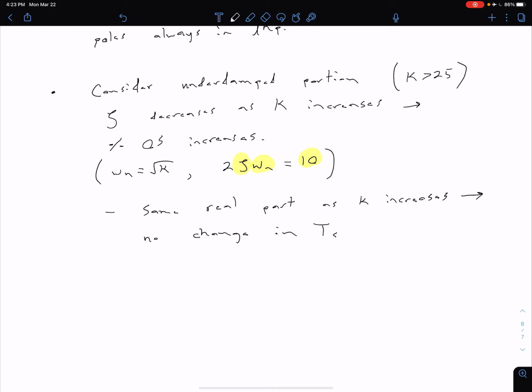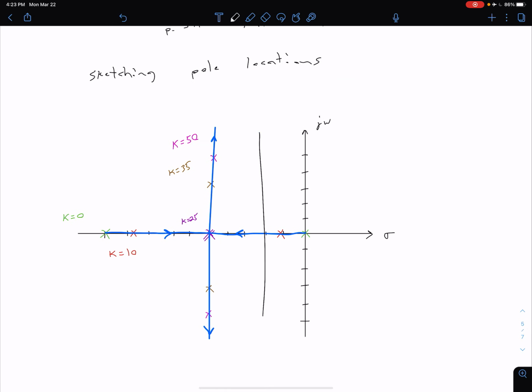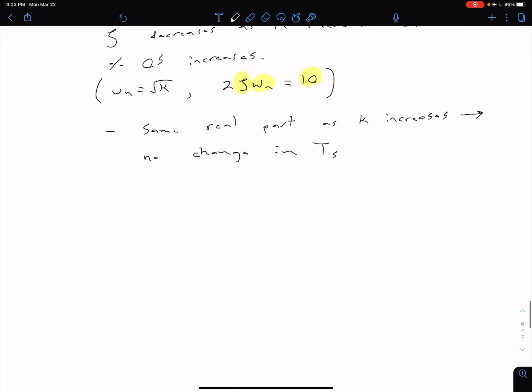So no change in our T sub s. And again, that goes back to the relationship we looked at. We said vertical lines in our s-plane have the same settling time. So because we're on a vertical line for k above 25, we know the settling time should be the same.